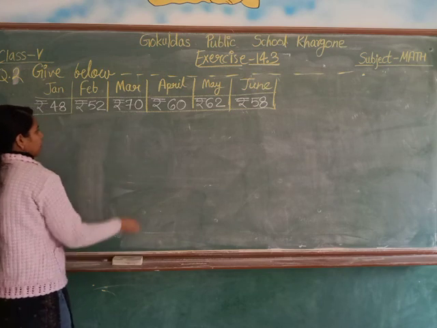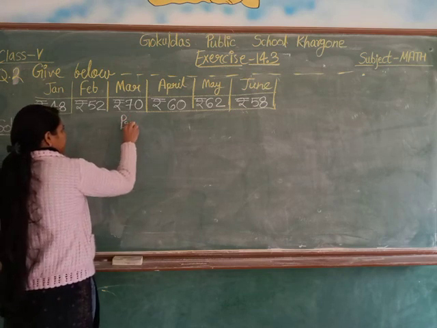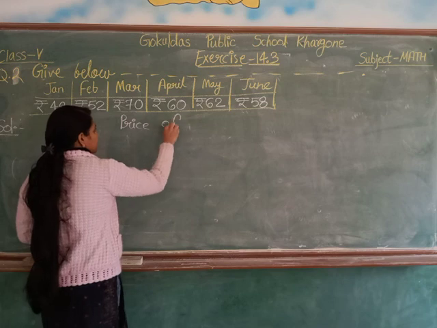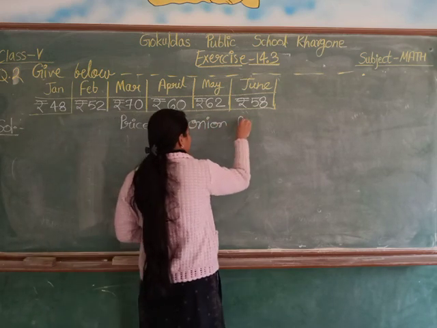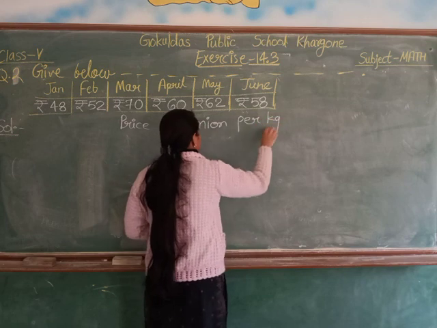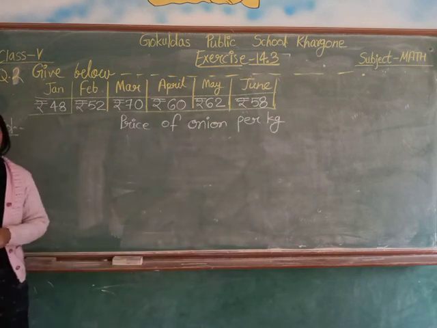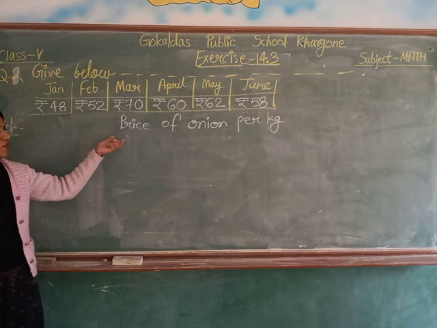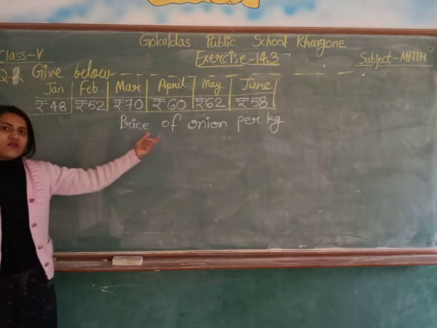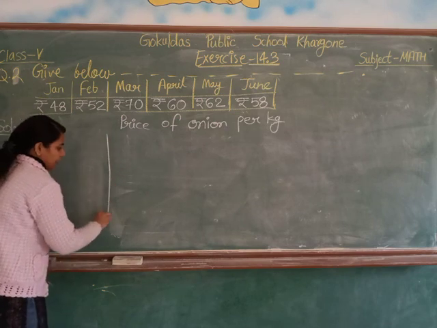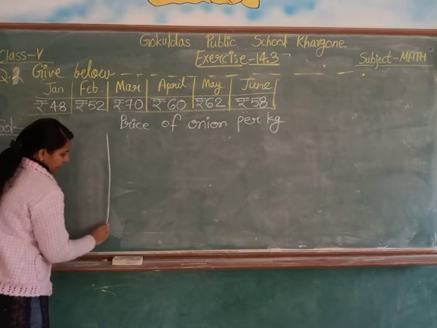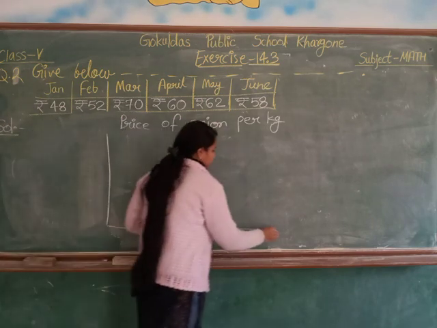This data is showing the price of onion per kg. Now we will draw a vertical line and one horizontal line.